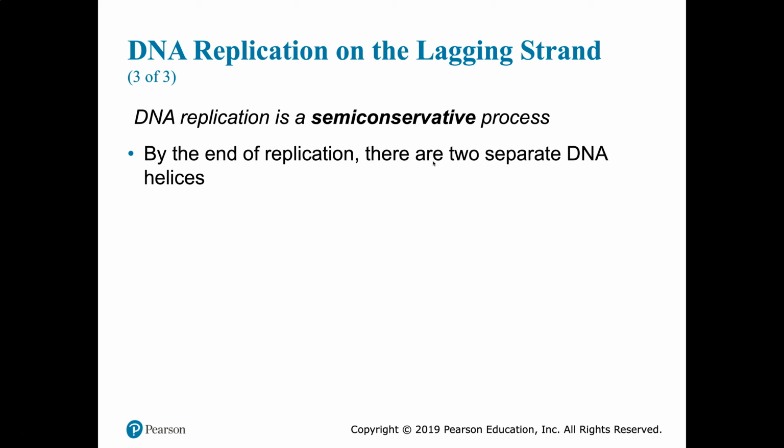Now, I will explain semi-conservative in more detail later on when I draw out the process of DNA replication for you. What that really means is it uses some of the old DNA to make some of the new DNA. So it uses the old strand to help make the new strand.